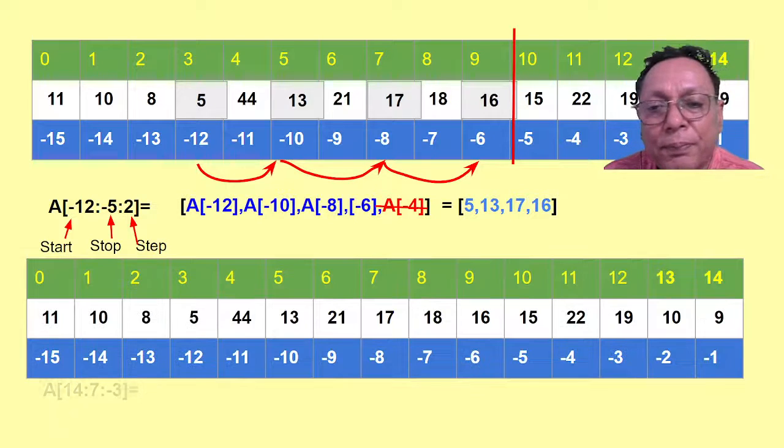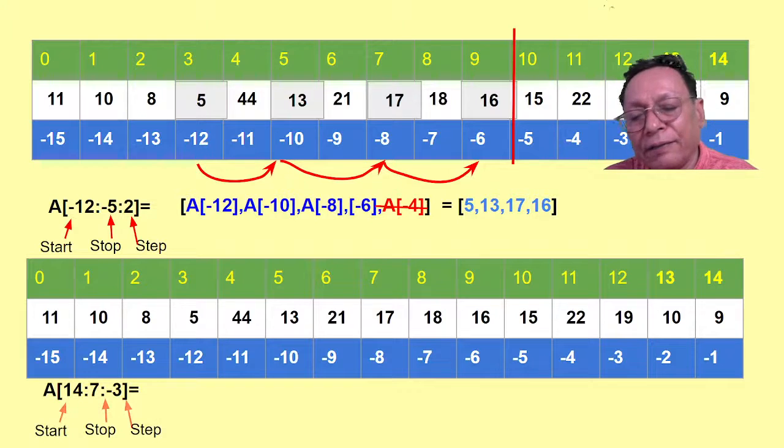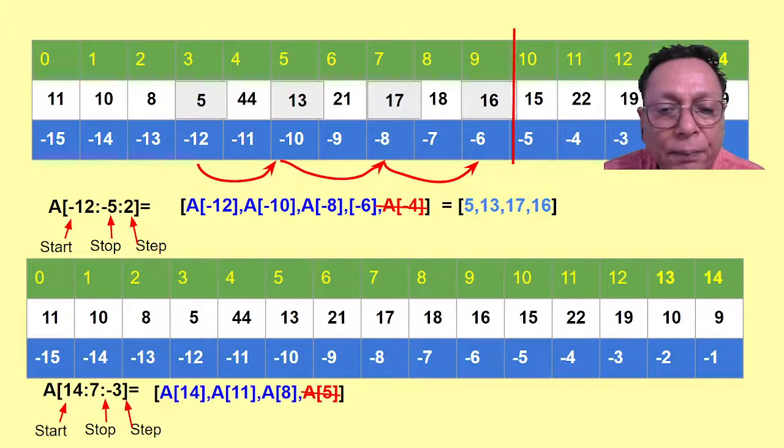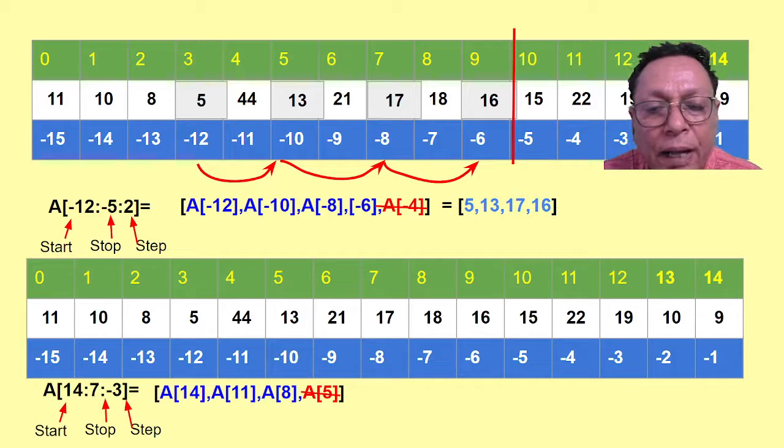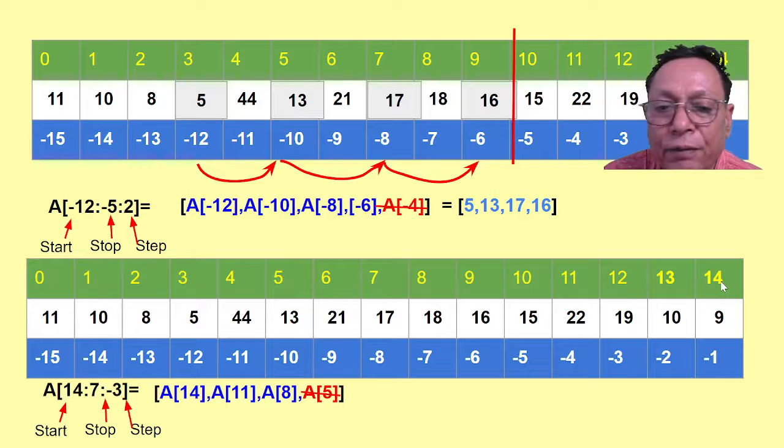As an example of slicing, we have the list, and we want the slice starting from 14, ending at 7, but the step is -3, which means you are moving right to left. Start from 14 and gap of 3. So 14, after that gap of 3, that is 11, then 8, then 5, and so on.